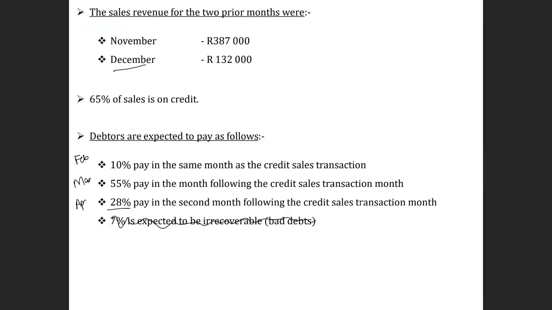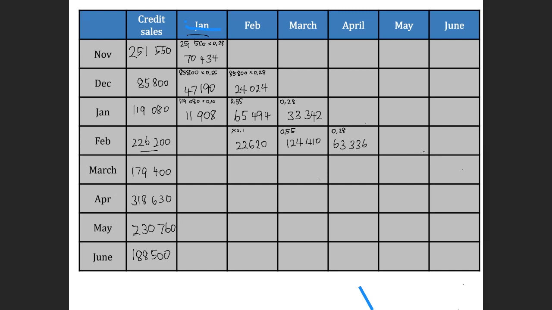Then for the month of March, it's going to be 10% in March, 55% in April, 28% in May. So March, April, and May are the months you're working with here.